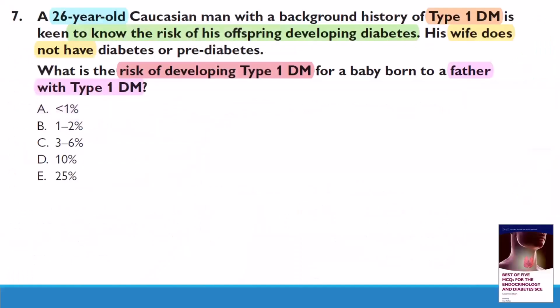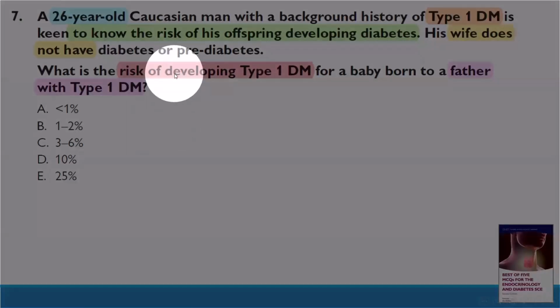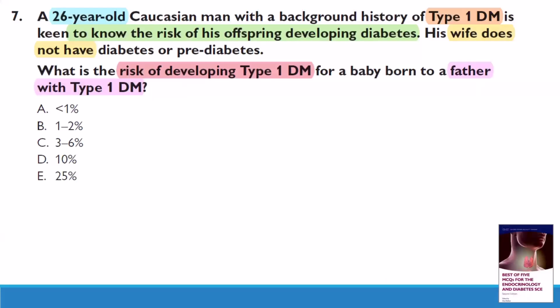And of course, this is a question from the Atoll book, asking what is the risk of developing type 1 diabetes mellitus for a baby born to a father with type 1 diabetes mellitus. As I answered, which percentage? This is a very important and very repeated question in previous exams. Yes, it is 3 to 6%.